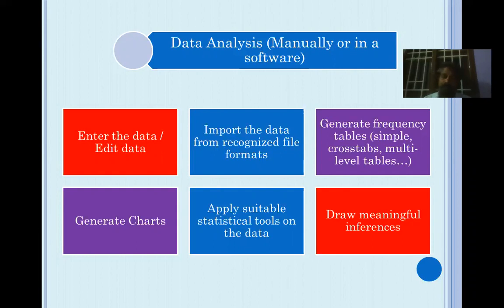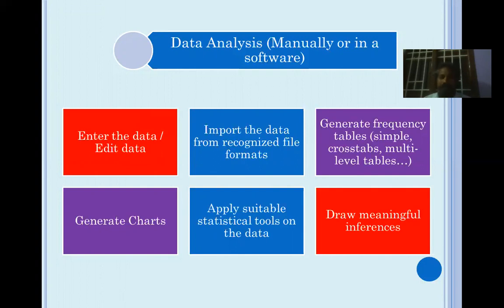How many like this? How many like that? So that kind of simple frequency tables, followed by cross tabulations, 2 by 2, 2 by 3, 2 by 4, 3 by 2, multi-level tables. So you should be able to generate tables based on the data you have collected, entered, or imported.